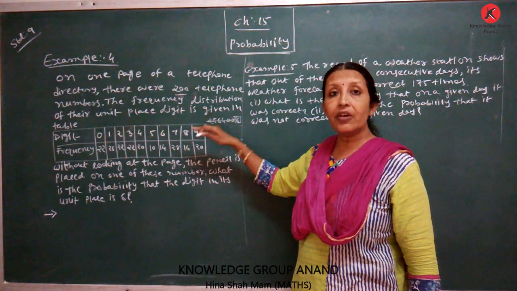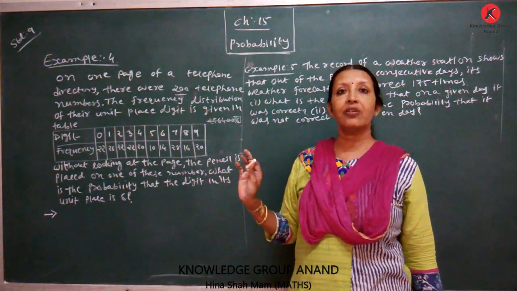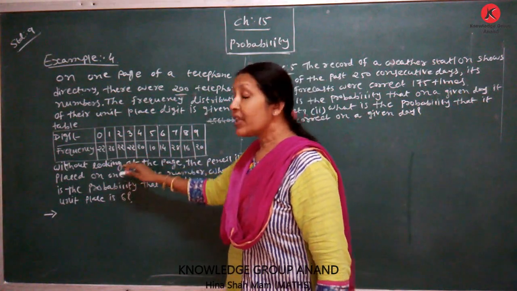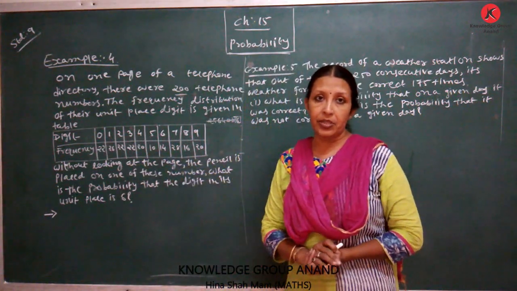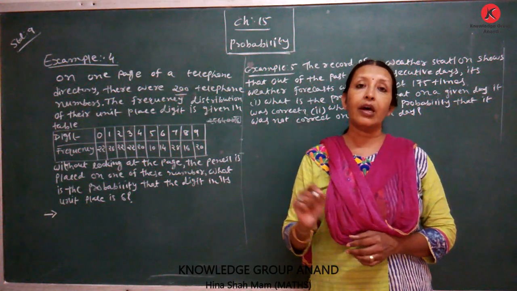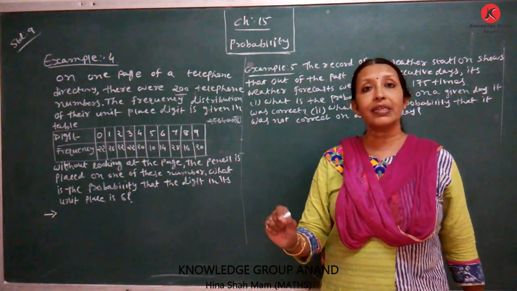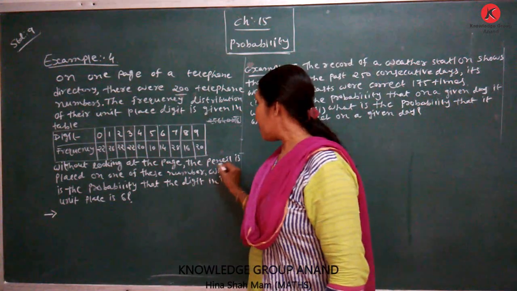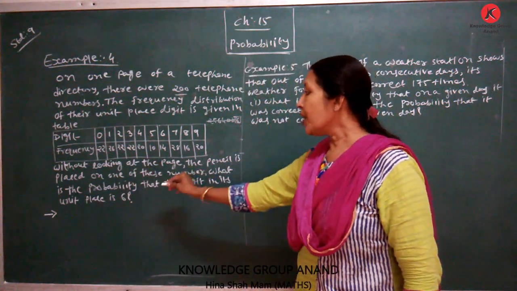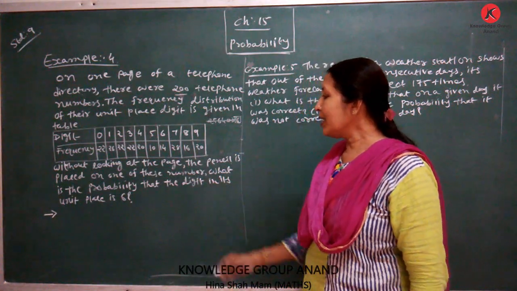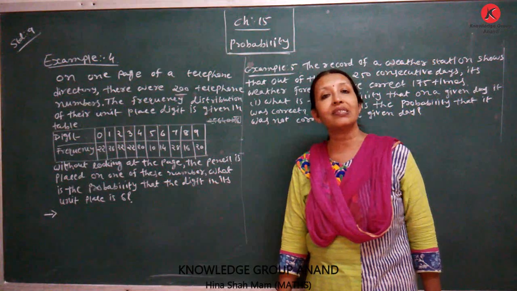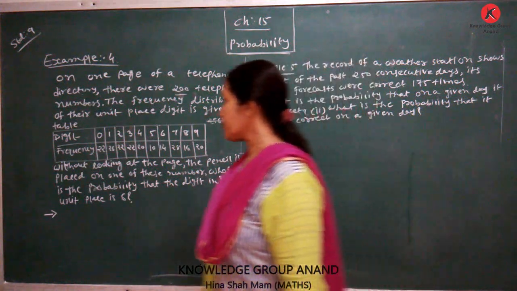Without looking at the page, we place a pencil on a number. The pencil is placed on one of these numbers. What is the probability that the digit in its unit place is 6?